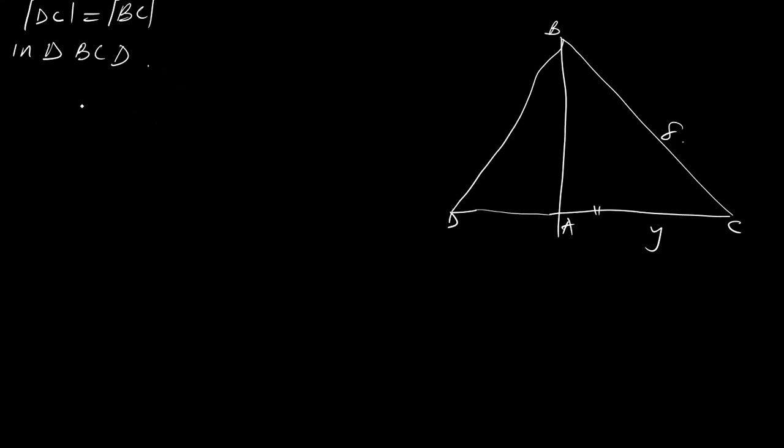It now implies that triangle BCD is an isosceles triangle, which shows that the angles at the base are the same.